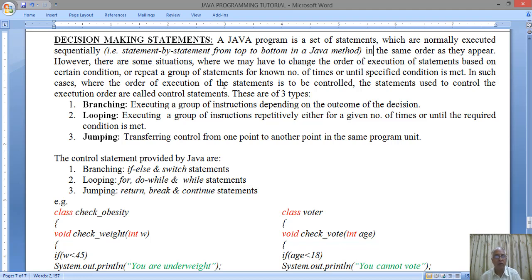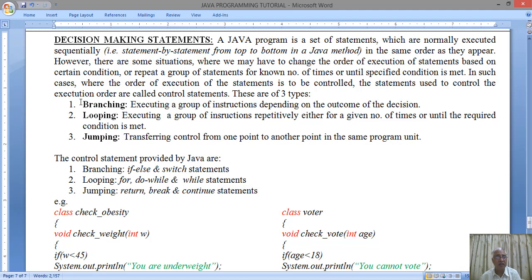There are three types of control statements: number 1 branching, number 2 looping, number 3 jumping. Branching means executing a group of instructions depending on the outcome of the decision. Looping means executing a group of instructions repetitively, either for a given number of times or until the required condition is met. Jumping means transferring control from one point to another point in the same program unit.